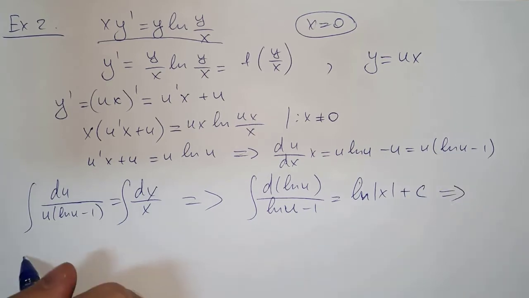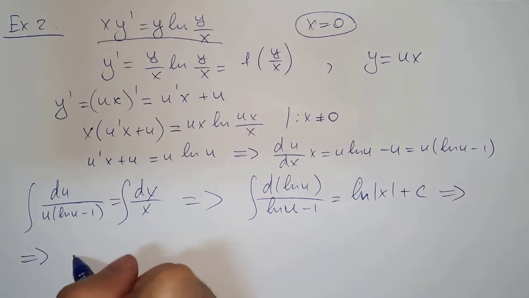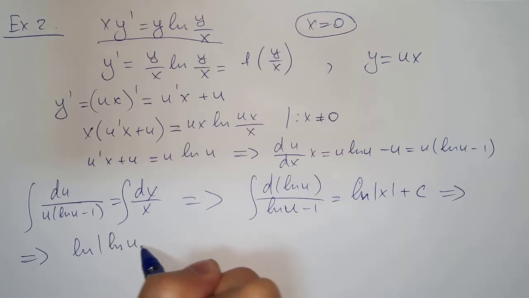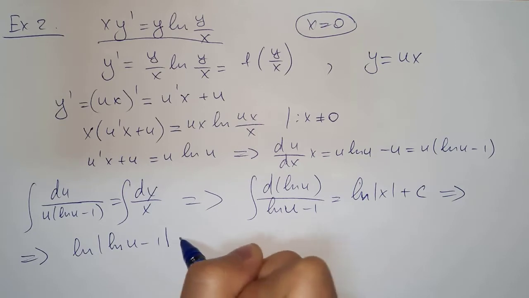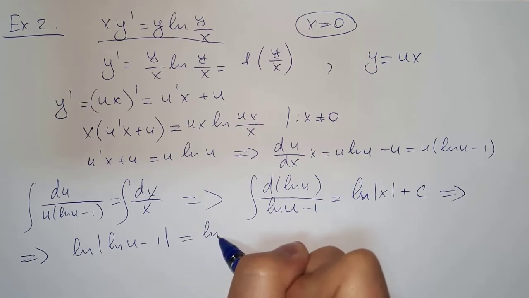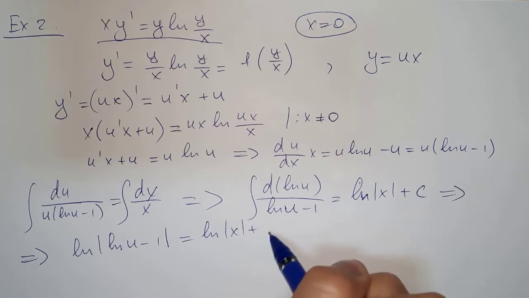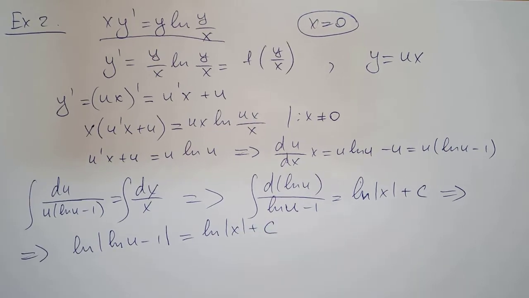Hence ln|ln(u) minus 1| equals ln(x) plus constant. Okay, so c is any constant.